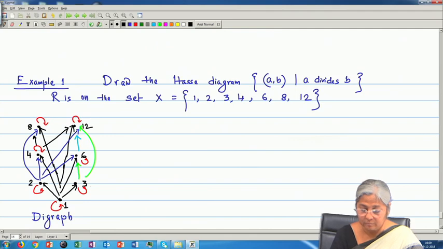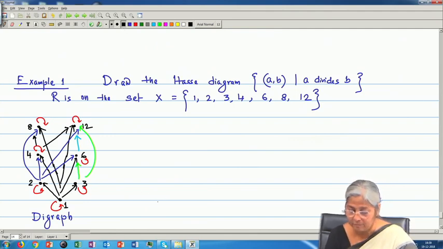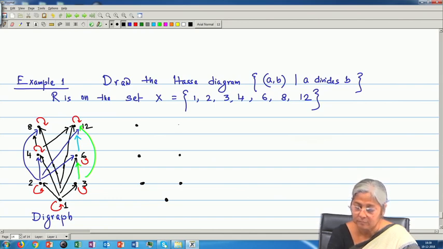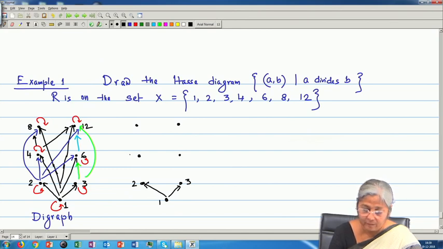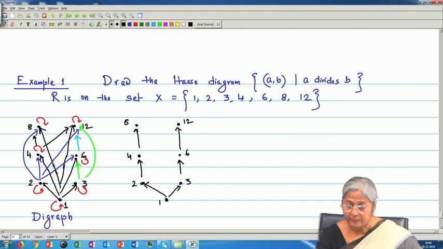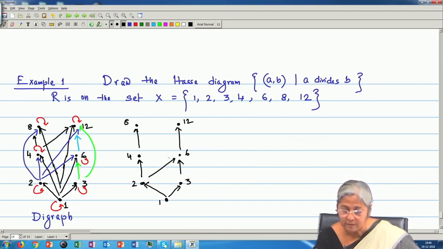So, if I draw again, I will give only 1, 2, 3, then 2 to 4, 3 to 6, 4 to 8, 6 to 12, then I have 2 to 6, I have 4 to 12.